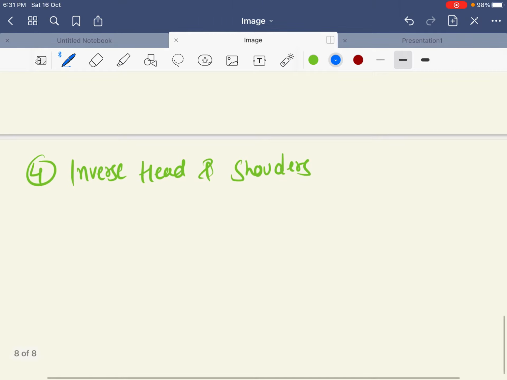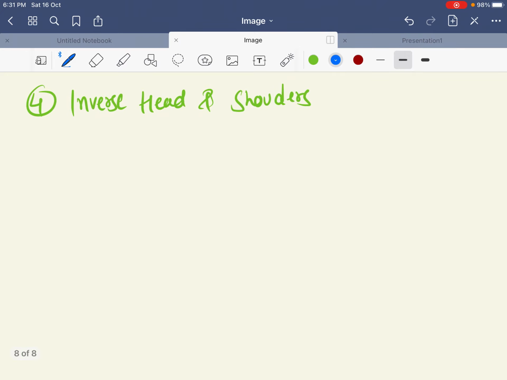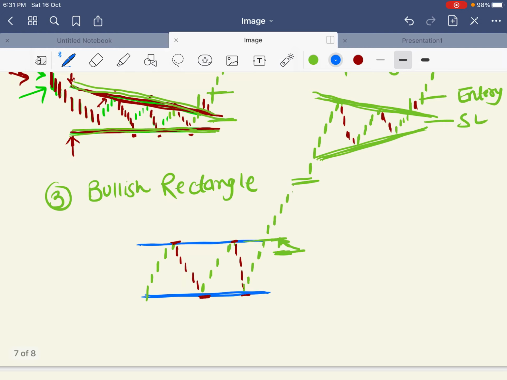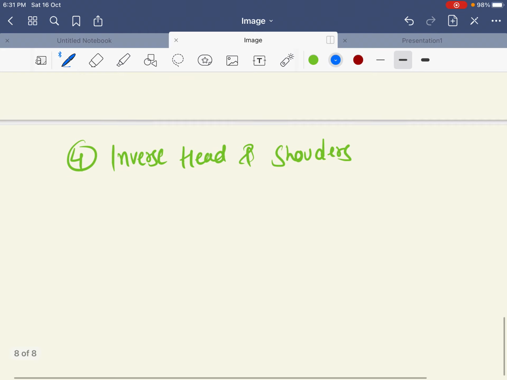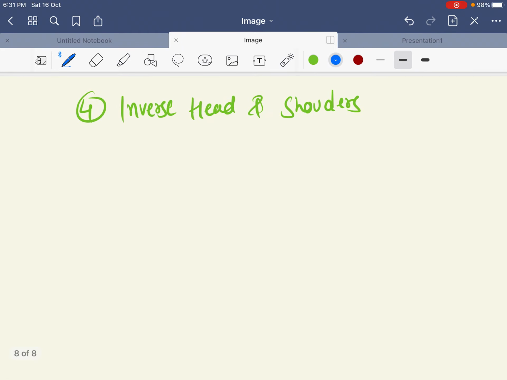Compared to the patterns that I earlier discussed, this one is more important than those, but these are equally beneficial. You have to keep an eye on these also, but this head and shoulder pattern is very profitable in terms of percentage probability in converting your trade into good profit.